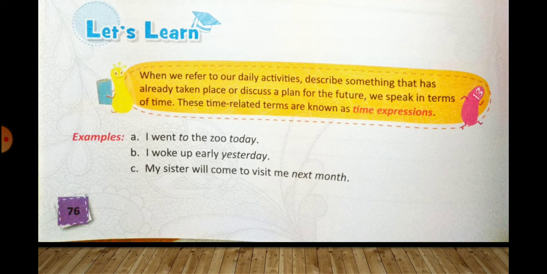Whether we are talking about the present time, the past time, or the future time, we try to represent the time of the verb. We try to show when the work was done or will be done. These time related terms are known as time expressions. So this is very important for you to know.